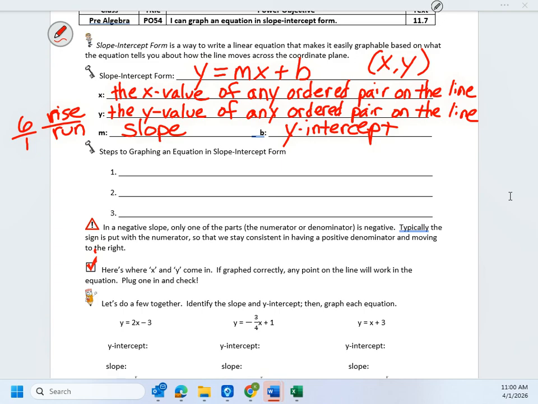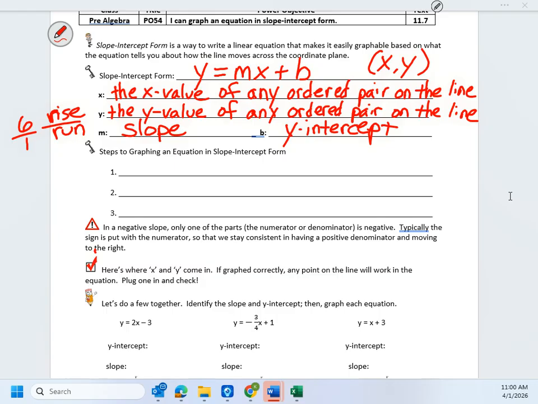So we are combining lots of stuff that we've learned in previous objectives, and we're putting it all together for the slope-intercept form. We need to remember, slope-intercept form is y equals mx plus b. Okay? That's a big one for us to learn. We will talk about it every day for the rest of this unit.